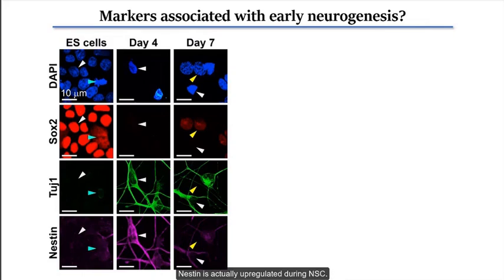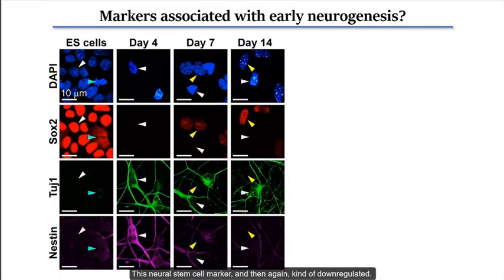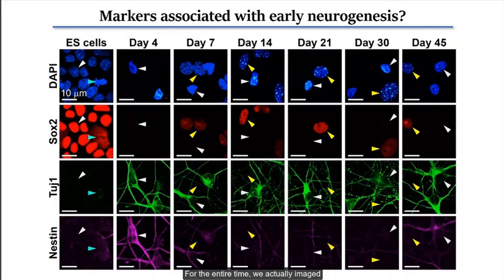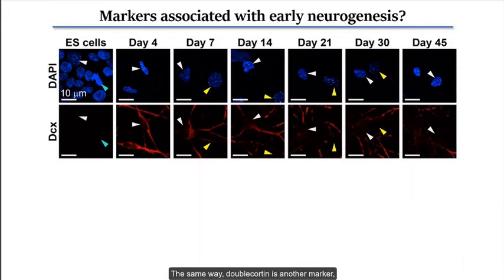Nestin is upregulated during the NSC stage and then downregulated, and they stay like that for the entire time. We imaged them during the entire time. They have a robust expression of TUJ1, transient expression of nestin that then goes down, and zero SOX2 expression from the beginning. As soon as you make neurons, SOX2 expression is completely gone.